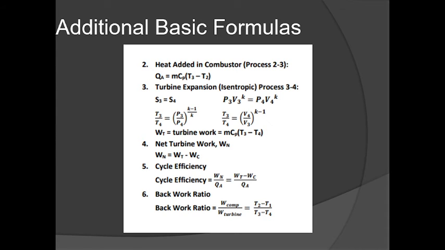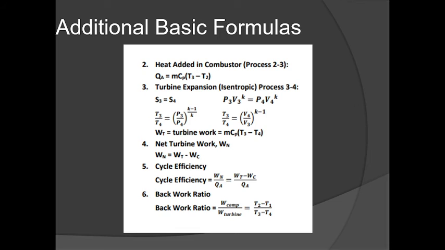So another additional basic formula for the heat added, we have the m Cp delta T of point 3 and point 2. So for the turbine expansion, it is an isentropic process, we have P3 V3 raised to K is equal to P4 V4 raised to K. So it is the PV and T relationship for isentropic processes, since the process from 3 to 4 is an isentropic process.